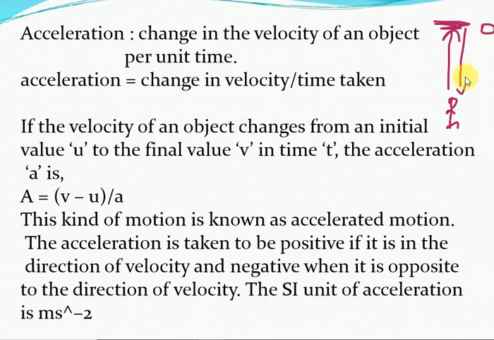So suppose when you throw the ball upward, its velocity is 10 meters per second. Gradually the velocity of the ball will keep decreasing and it will become 0. So here, if you randomly take 2 points, suppose at this point the velocity of the ball is 10 meters per second. Then at point B the velocity is 5 meters per second.